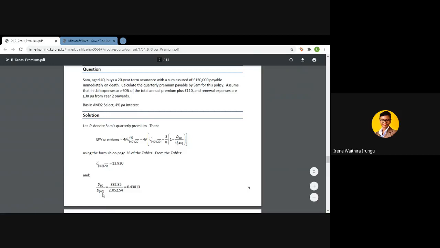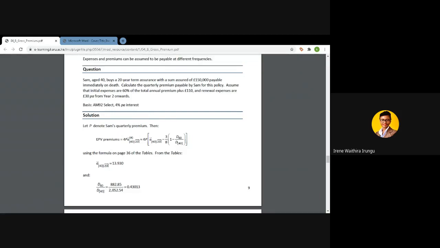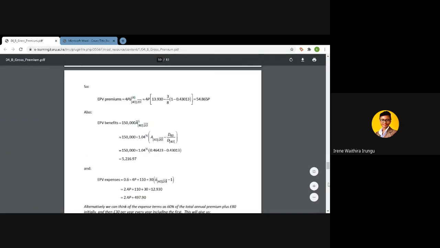Notice this difference. Once you have D(x+n), the life ceases to be select, and therefore you're reading D60 and not D60 select. For the EPV of premiums, once you solve, you should obtain this as your value.